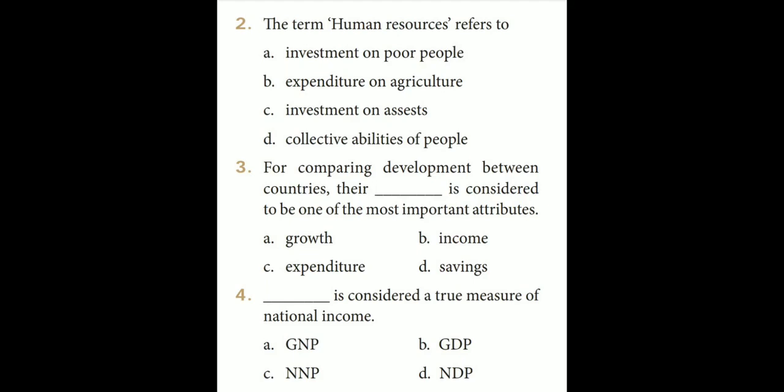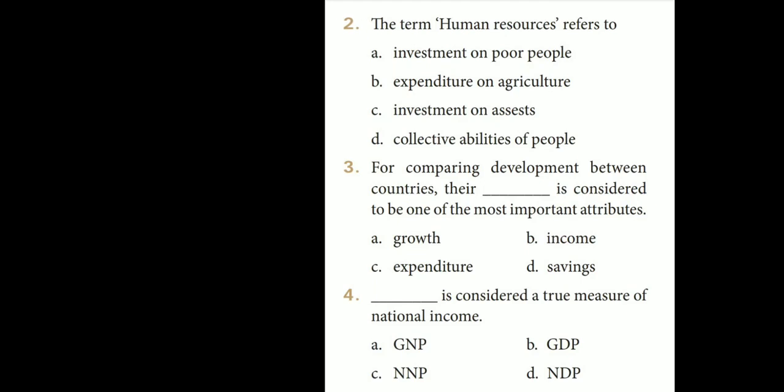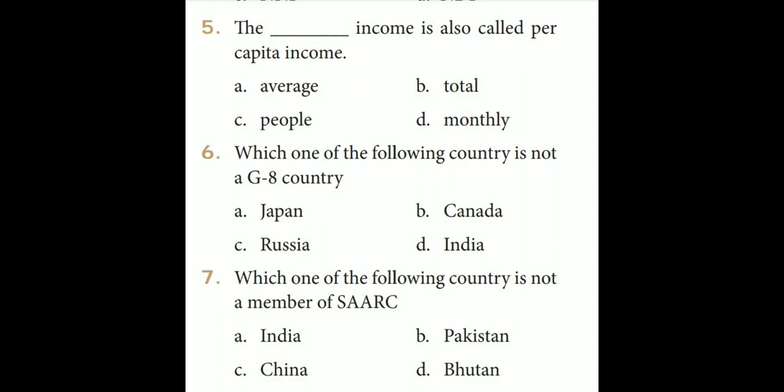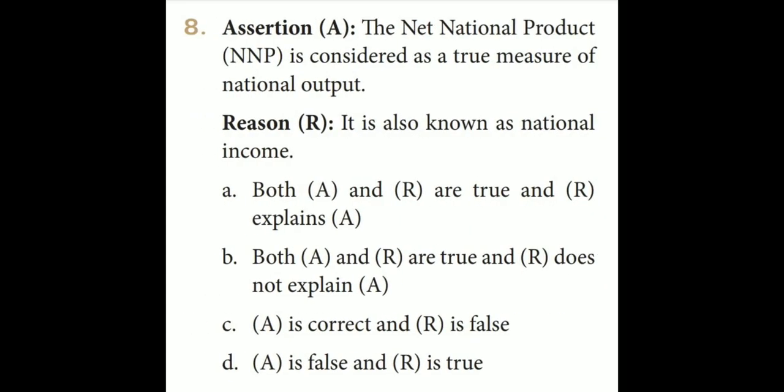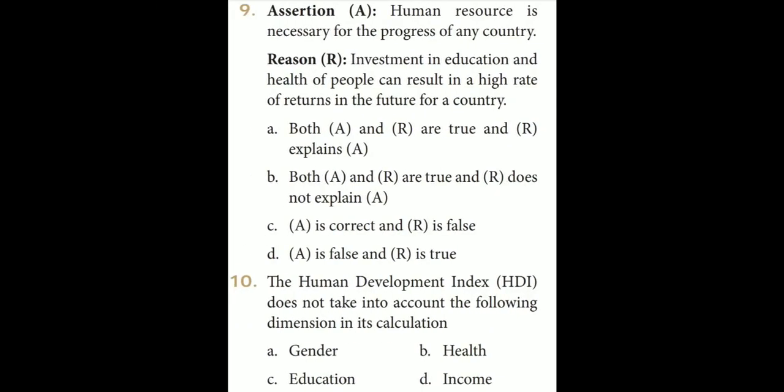Fourth one, C, N and P is the correct answer. Fifth one, A, average. Sixth one, D, India. Seventh one, C, China. Eighth one, A, both A and R are true and R explains A, that is the correct answer. Ninth one, A is the correct answer.